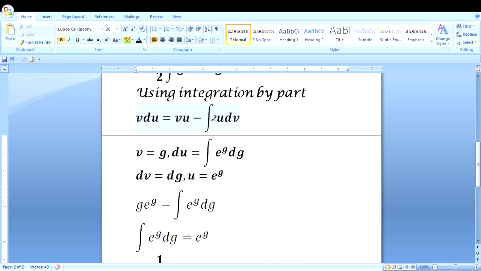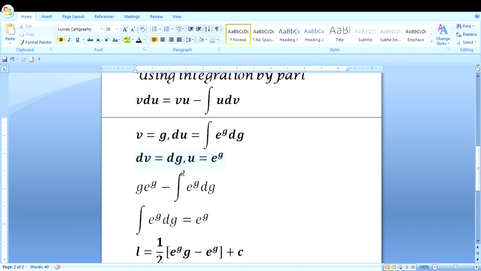Now substituting it in the formula here, v is g and u is exponential g, minus the integral of u dv, and u is exponential g and dv is dg.